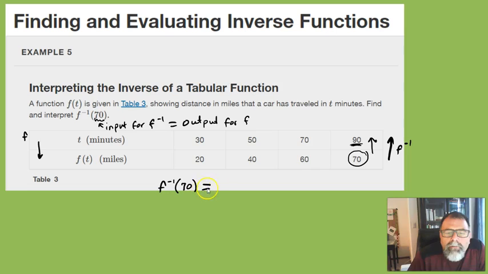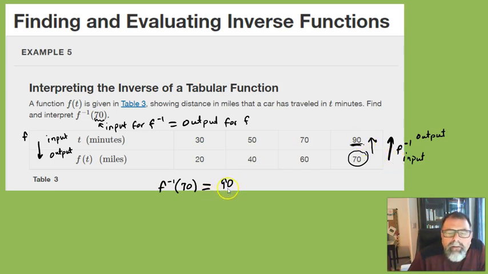I'm saying two different things, but they're the same, right? So if I think of it this way, this is my output for f. I'm going to go backwards. For f inverse, this would be my input, and this would be my output. So I'm going backwards kind of thing. So if I input 70 into f inverse, the output's going to be 90.